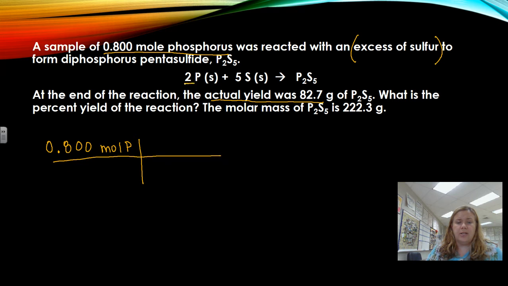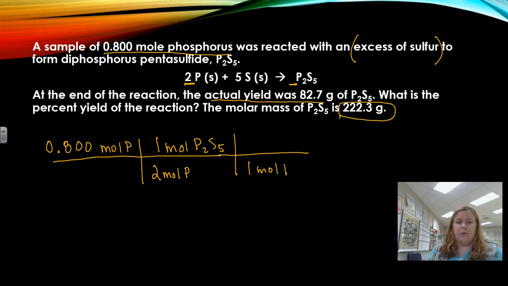According to our equation, we have 2 moles of phosphorus for every 1 mole of diphosphorus pentasulfide, P2S5. Then we calculate, and this question even gave us the molar mass, which makes our life so much easier. So 1 mole of P2S5 is equivalent to 222.3 grams, which is simply the molar mass of diphosphorus pentasulfide.